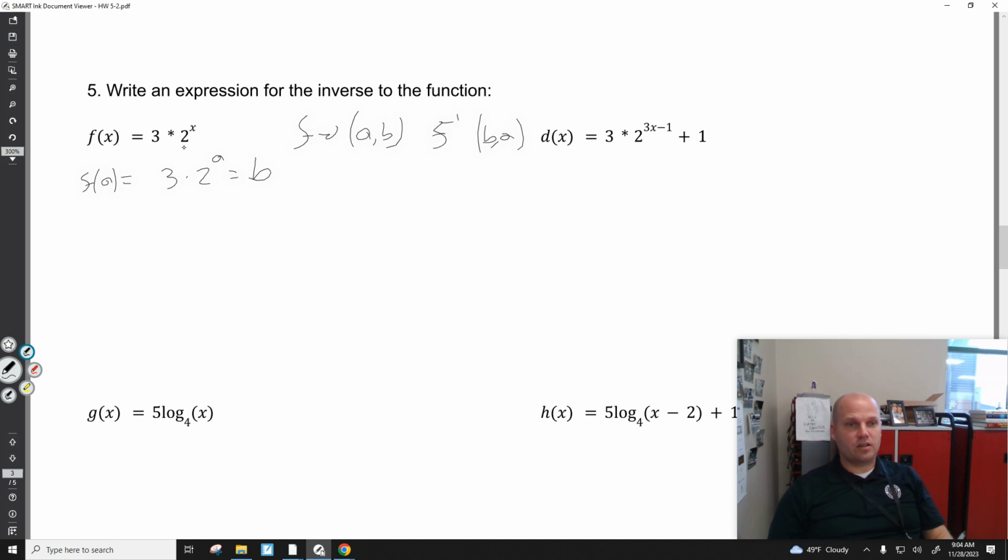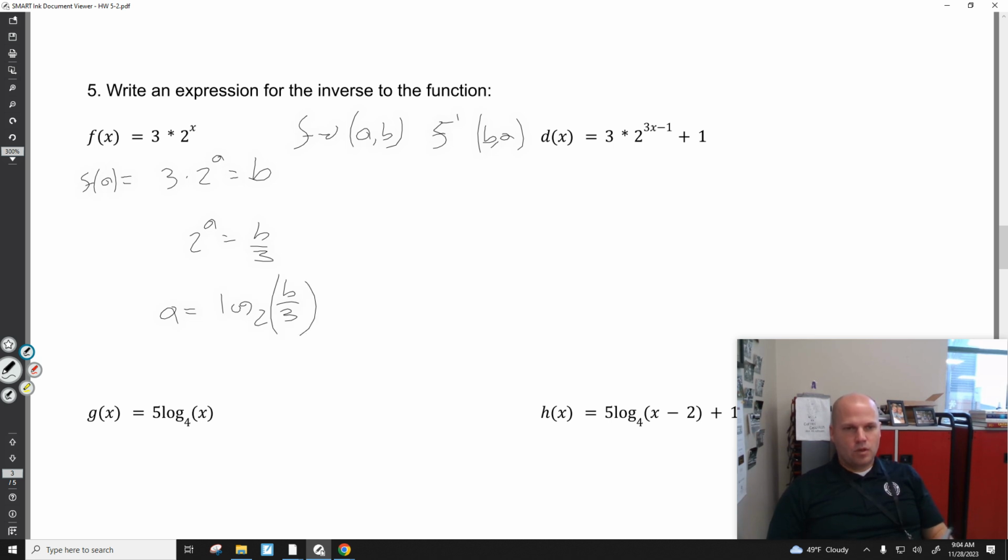What Mr. Huffaker does is just solve for X and say, here's your equation, X equals Y. So I'm going to use A's and B's. I like A's and B's. Okay, so I'm going to solve for A. I'm going to divide by 3, and then I'm going to take the log base 2 of both sides.